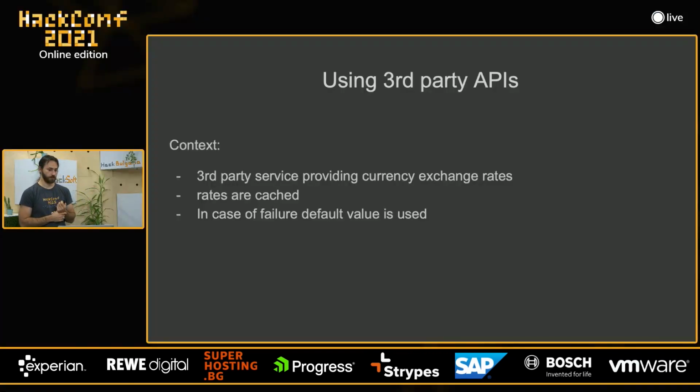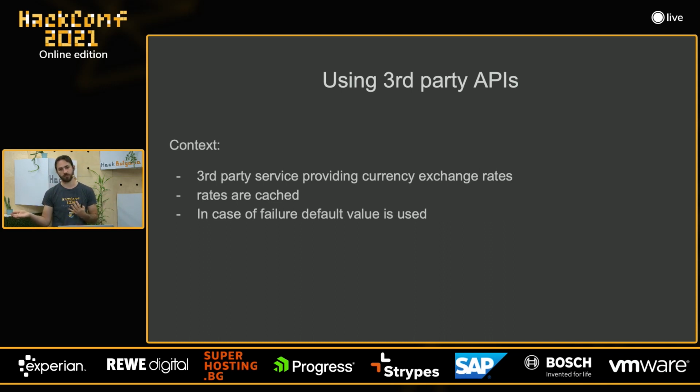So let's speak a bit about using third-party APIs. The context here is that we use a third-party service providing currency exchange rates, and the service is not reliable every now and then. I mean, it's a network connection. Every time you communicate over the network, you need to think about, okay, what happens if it's down?